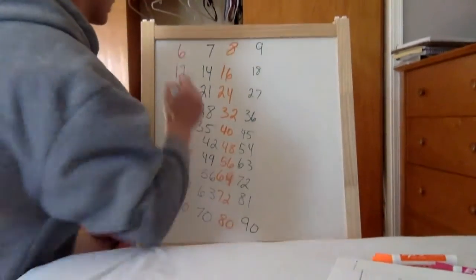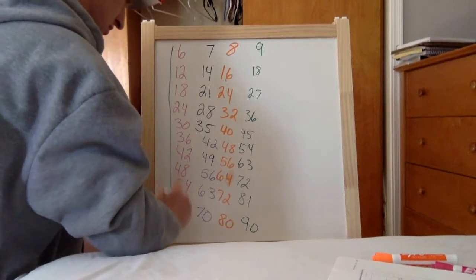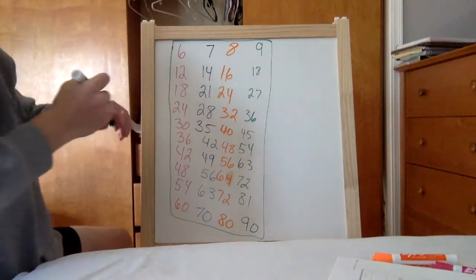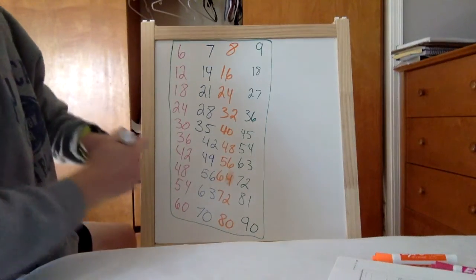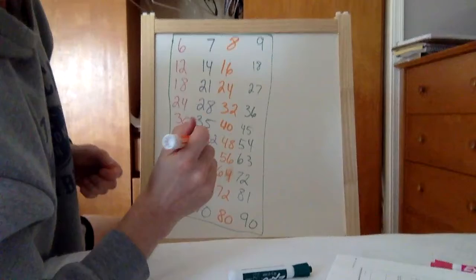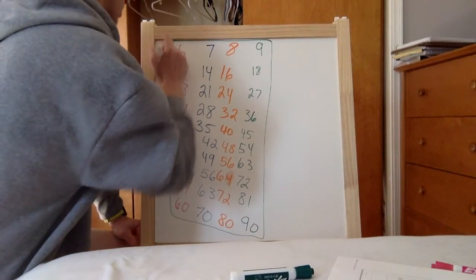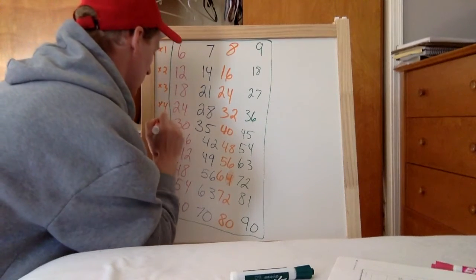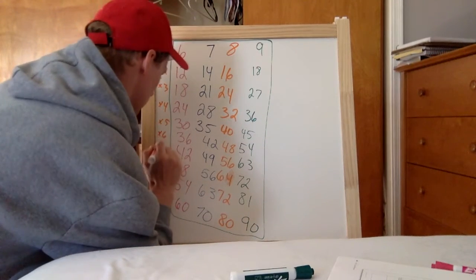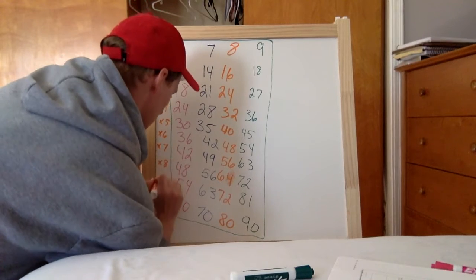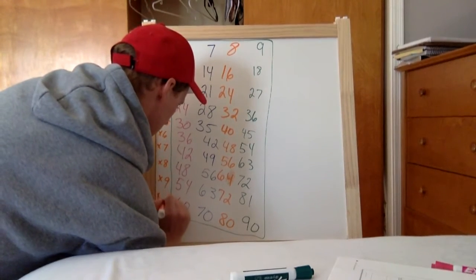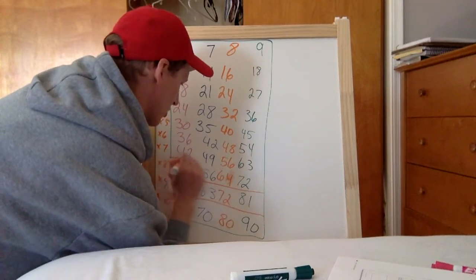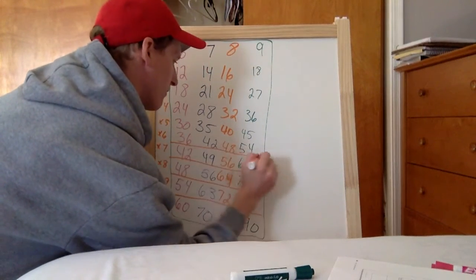Now remember, this is like those charts. These are times 1, times 2, times 3, times 4, times 5, times 6, times 7, times 8, times 9, times 10. Okay? And that's that chart that I was showing you guys.